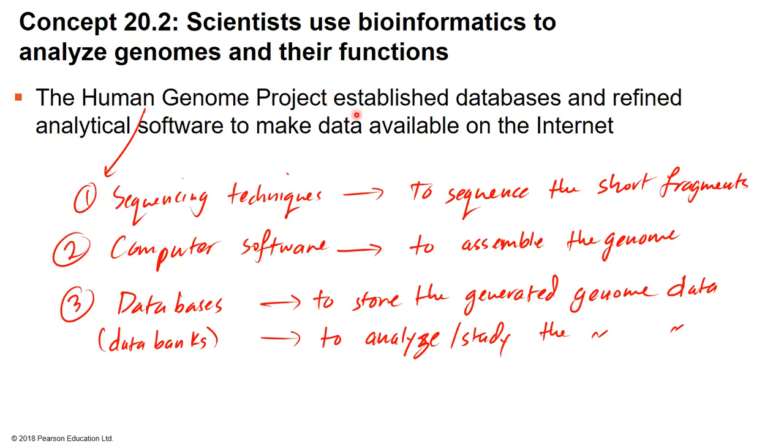So the Human Genome Project was a successful project because of the development of new sequencing techniques, the development of computer software, and the development of databases that could be used to store the generated genome data and to analyze and study it. Assembling the genome means we determine the genome sequence by analyzing the fragments. Let me show you what is meant by assembly.